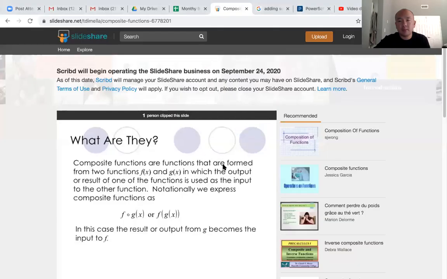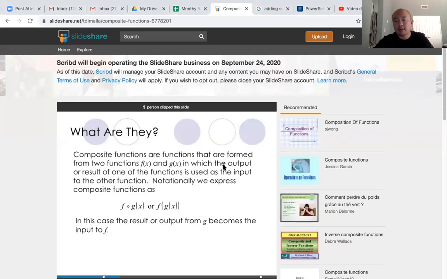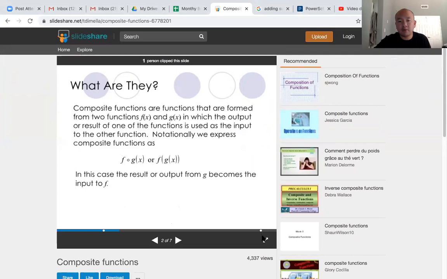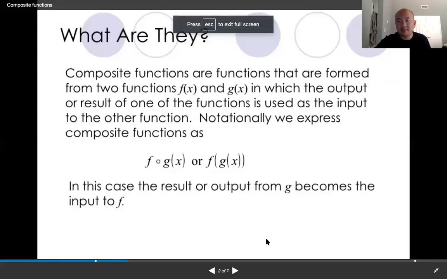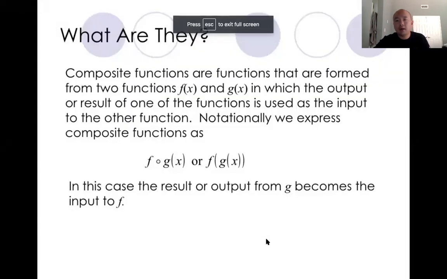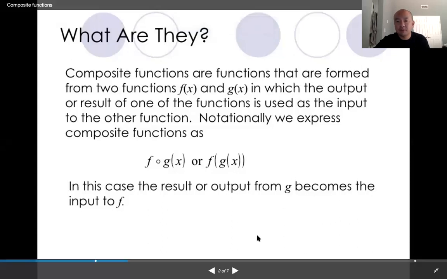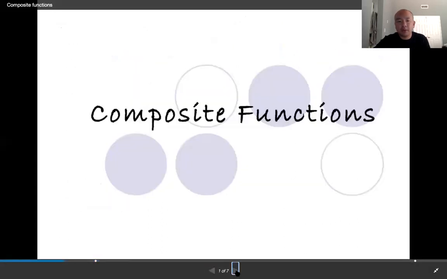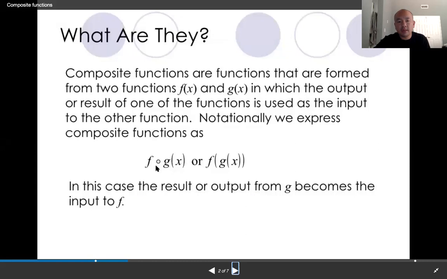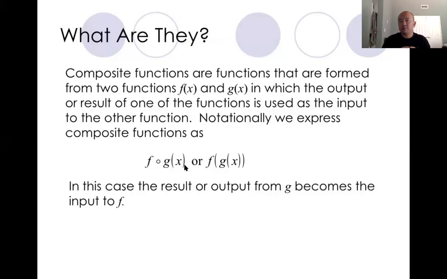Last week we went over adding, subtracting, multiplying, and dividing different functions. Today we're going to go over composite functions. Composite functions are functions within a function, pretty much.